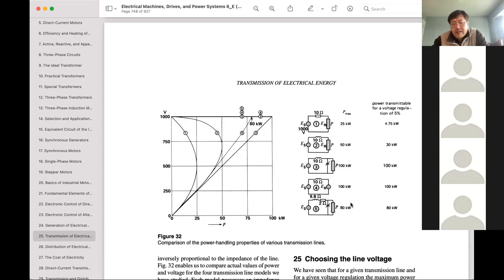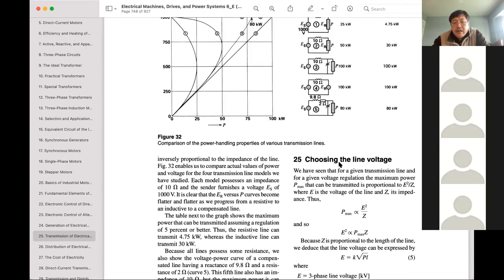So the maximum power that will be delivered in this scenario will be 80% of the theoretical maximum power. So that's the whole theory.